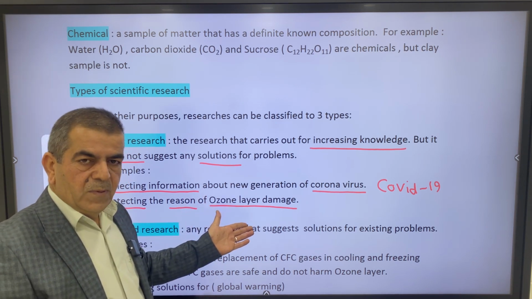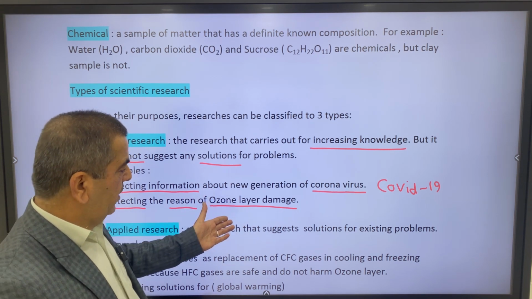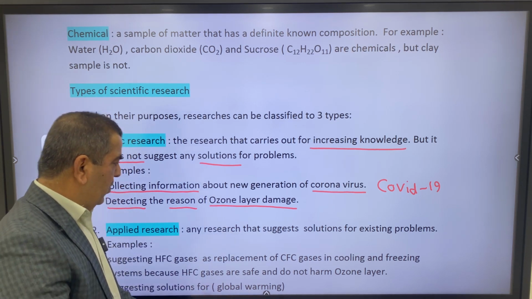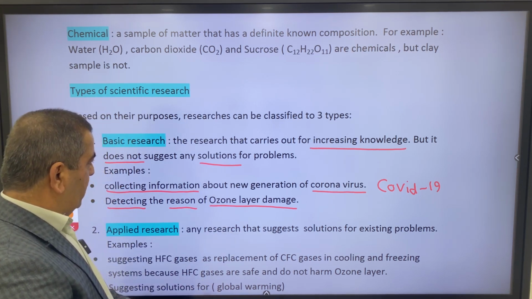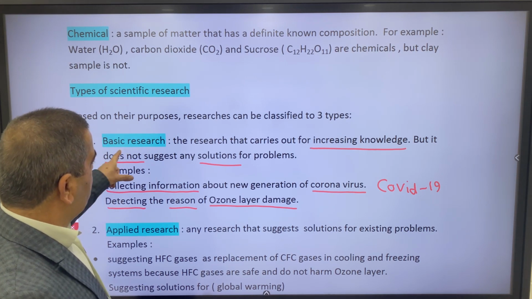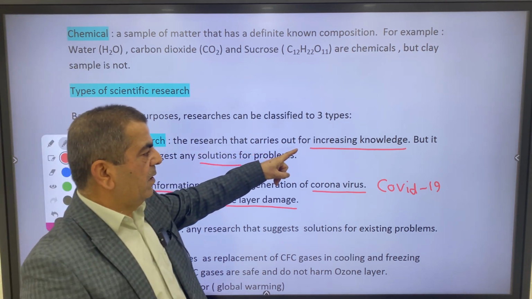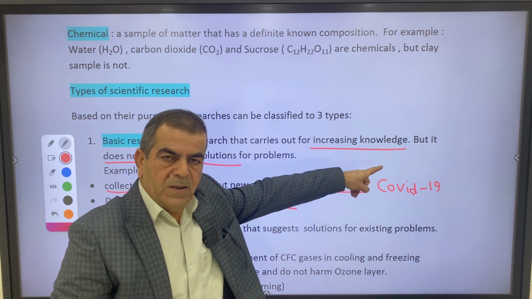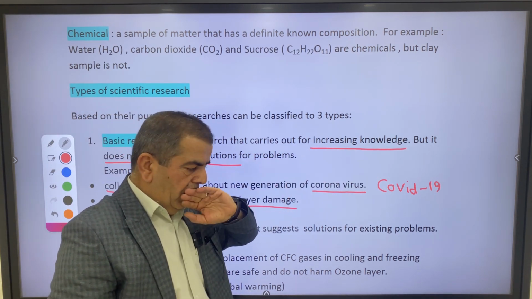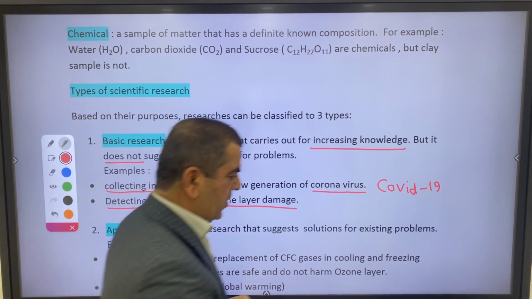No. It only determined the reason for the ozone layer damage. So this is the first type of research that is carried out only for increasing what? Increasing knowledge. And no solutions suggested.